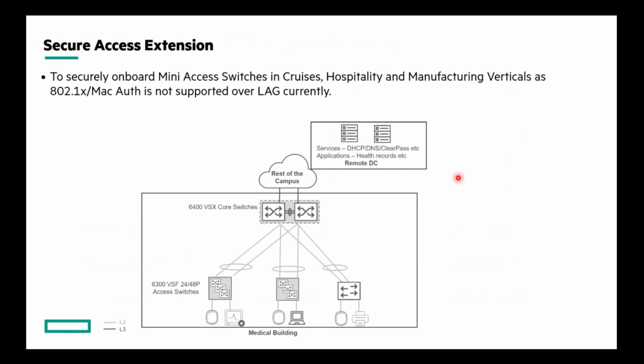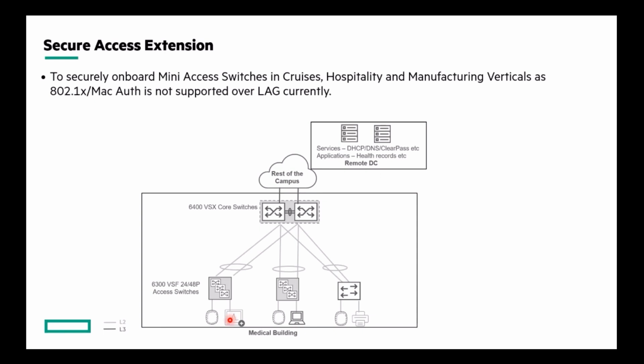So far we have seen only the APs. Let's see what other use case this feature can help in. Let me explain with a particular use case, which can be extended to other verticals as well. Consider a healthcare vertical where we have a hospital building and a remote DC where the server farms exist and the services are present.